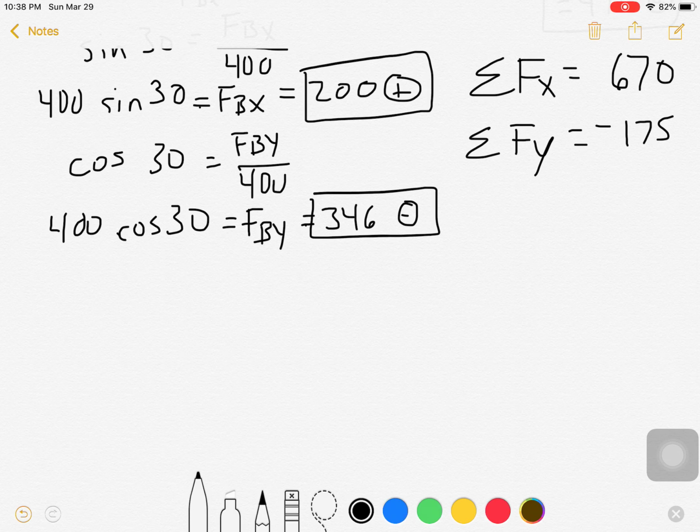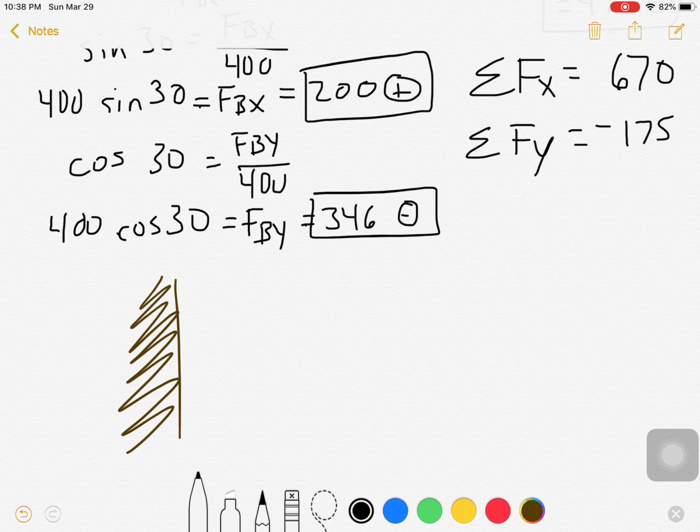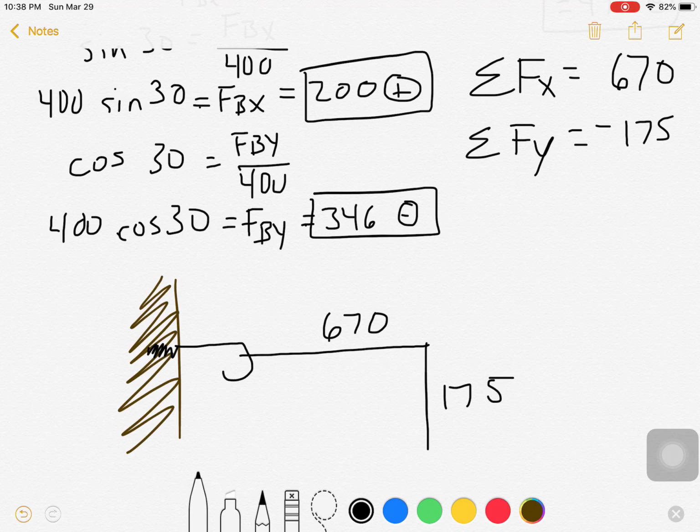What that tells us is when we want to redraw this and have it only be one force, when we combine them together so that it's just one force, we're going to have a force in the x of 670 and a force in the y that goes down 175.